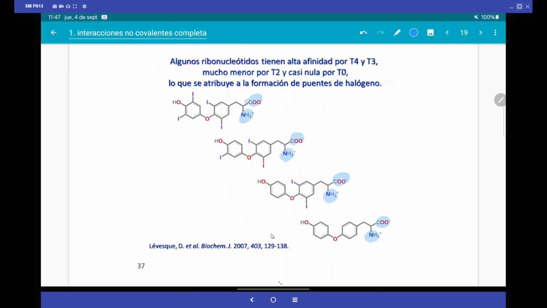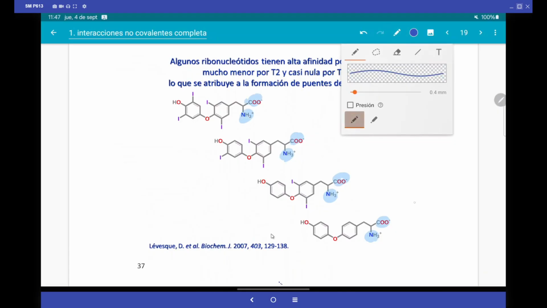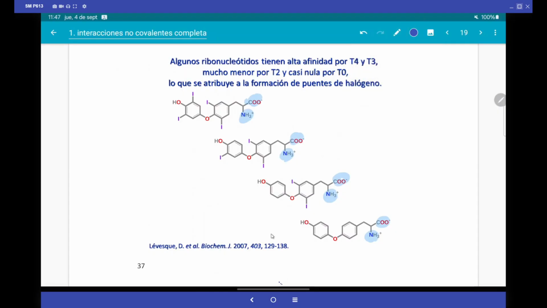They are hormones, it says here. So they are amino acids. And the last one says that it does not have activity. The third one says almost no activity, no halogen within the structure.